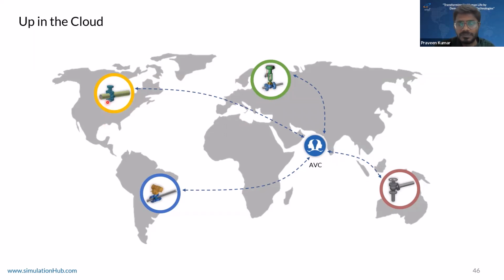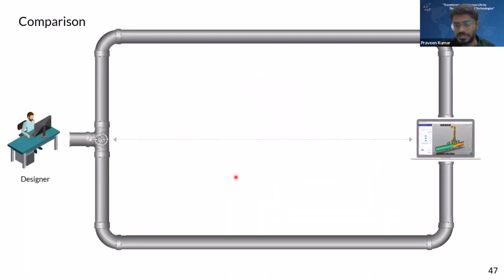Different teams can submit their simulations and get the CV results and the report generated at the same time, in parallel, without any queue or any conditions. So good, isn't it? Now I think we'll be able to appreciate the value that simulation adds to the whole valve design community.